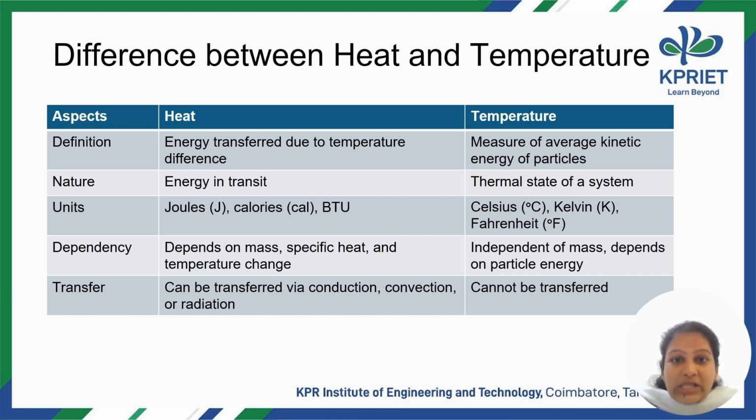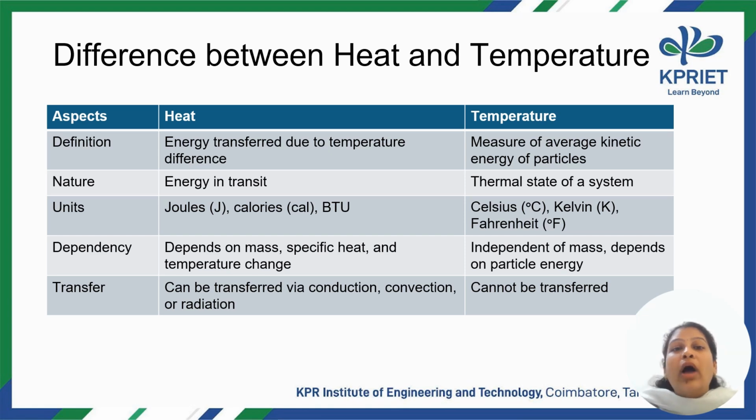Here, the heat transfer rate definitely depends on the mass of the substance. The substance with 1 kilogram will have a different heat transfer rate and the same substance with a different quantity of half kg will have a different heat transfer rate. So heat depends on mass, specific heat and temperature change.